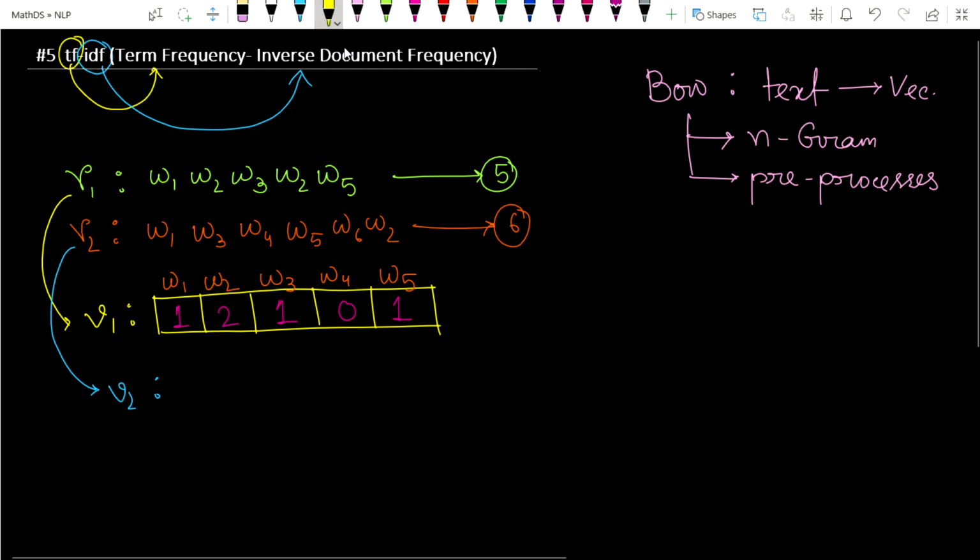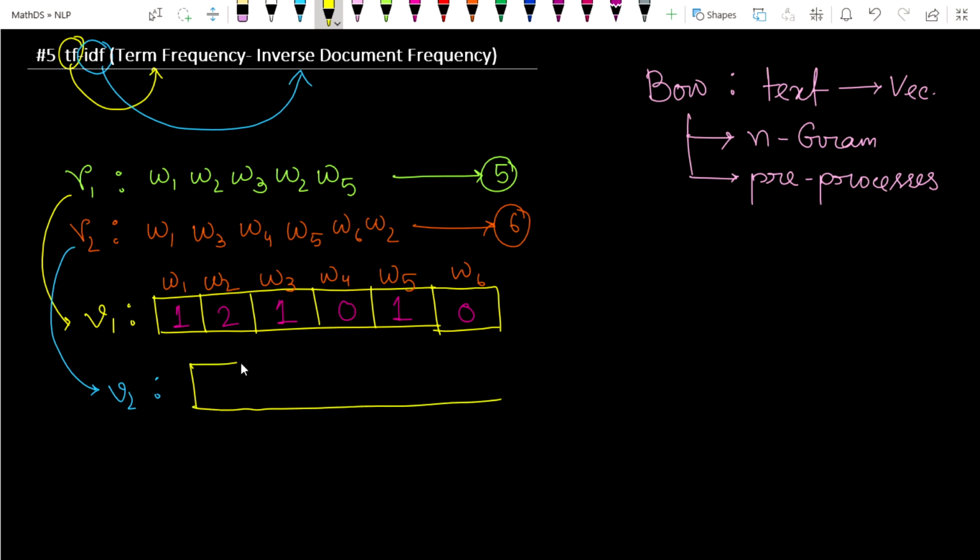So it will be better if we consider that the dimension of the vector will be the number of unique words in our data corpus. If we consider R1 and R2 as our data set, the vector for review text 2 will look like this: 1, 2, 3, 4, 5, 6.